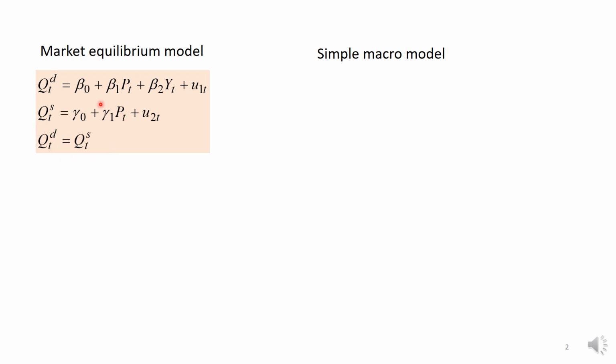This is our structural model, and beta naught, beta 1, beta 2, gamma naught, gamma 1 are our structural parameters. We look at our demand equation as a function of price and income, and the supply equation, let's say, is a function of price. What we are interested in is to estimate this demand equation as well as the supply equation.